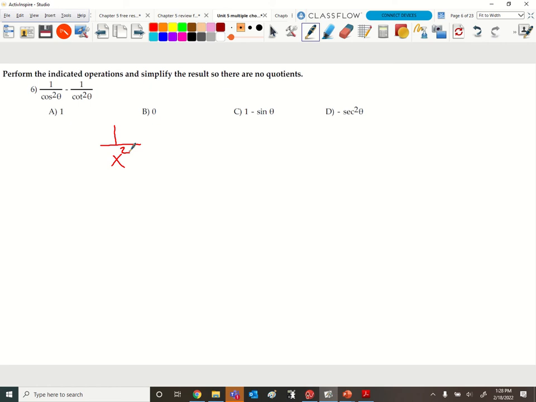But in this case I don't, because I just have 1 on top, x squared on bottom. Okay, so I'm going to leave that like there. But now minus the other side, 1 over cotangent. What do we say cotangent is? X over y, but it's cotangent squared. X squared over y squared.